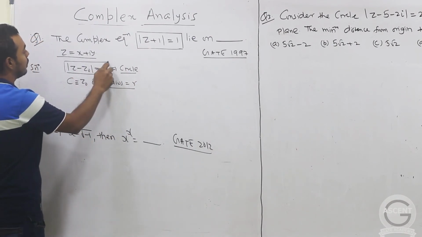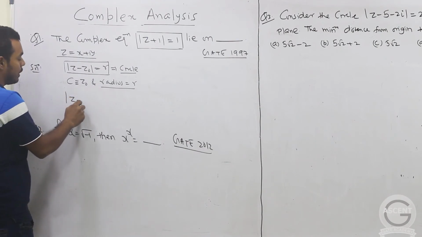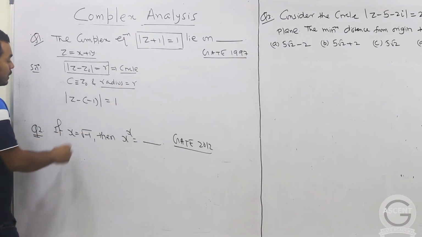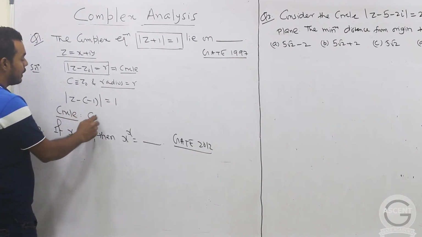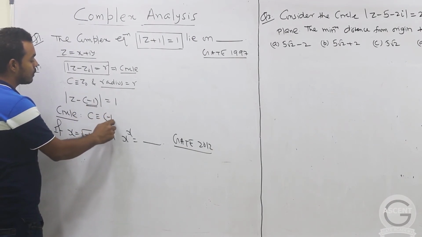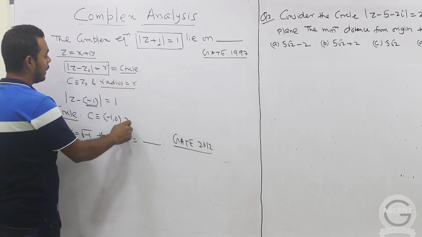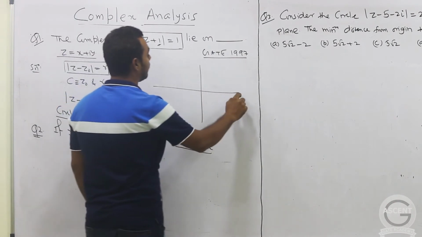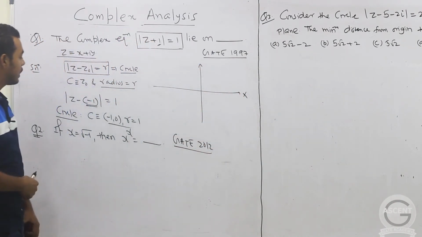Here you have the equation mod z plus 1 equals 1. So this will be an equation of a circle and its center will be at the point minus 1, x coordinate minus 1, y coordinate 0, because this is a real number, and the radius of this circle will be 1 unit.